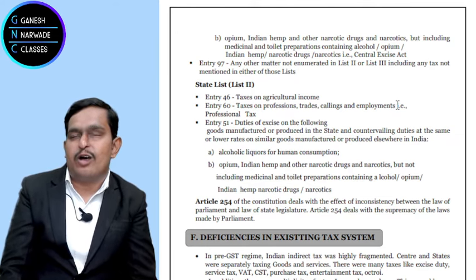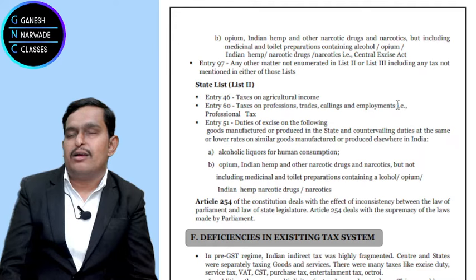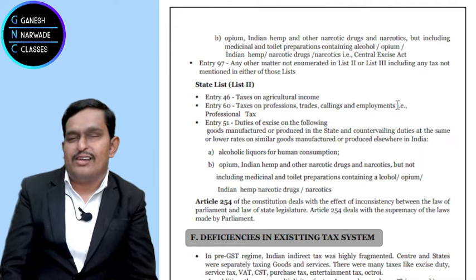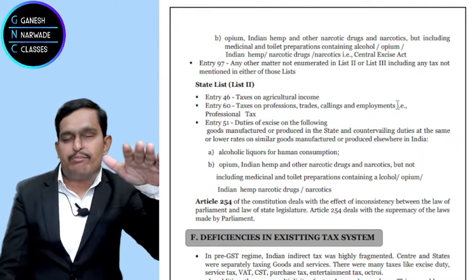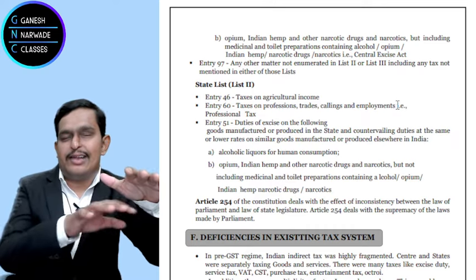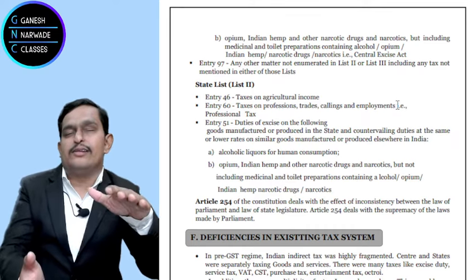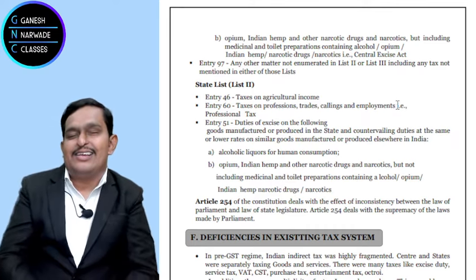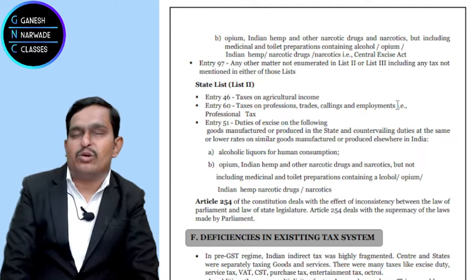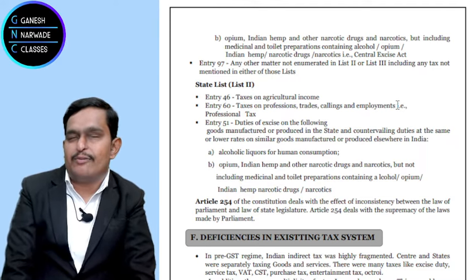The central government's law will prevail. So the center will be super powerful, dominating, and the state will be subordinate to it in case of conflict between both of them. Clear to all of you?